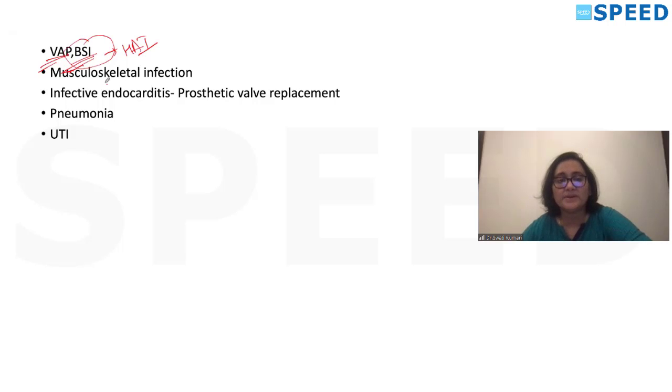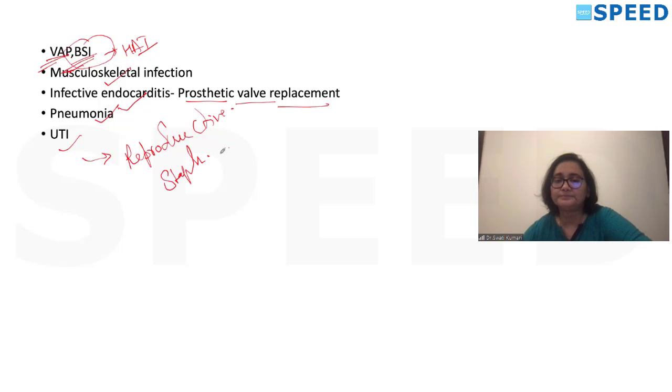Then you have various musculoskeletal infections, infective endocarditis, especially in a patient with prosthetic valve replacement. Then it causes pneumonia. UTI, especially in the reproductive age group, is caused by Staphylococcus saprophyticus.